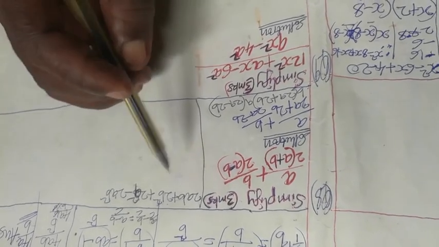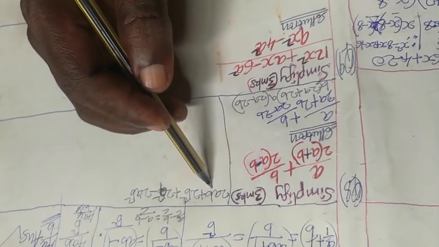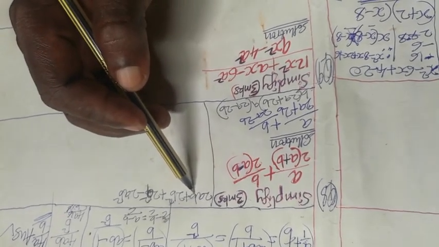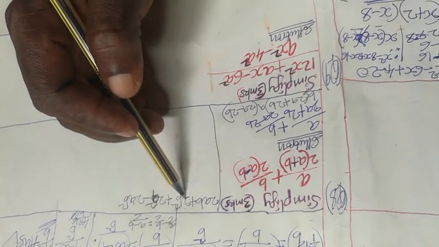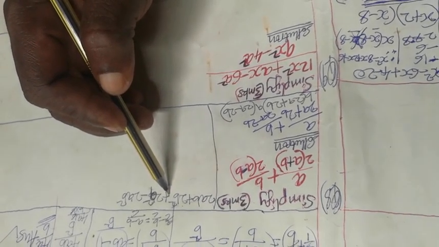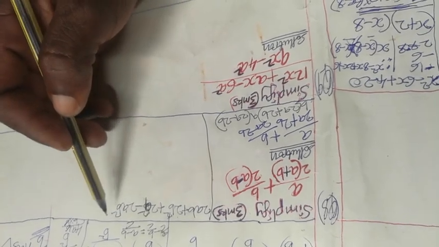Let me see it, this is 2ab plus 2b squared plus 2a squared minus 2ab.